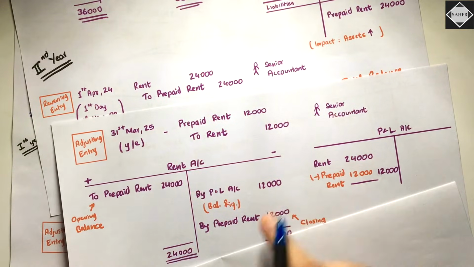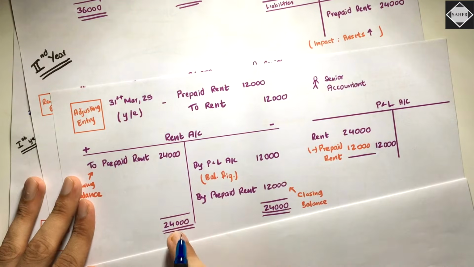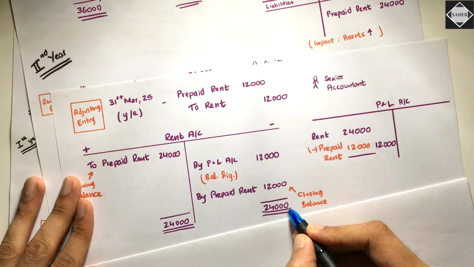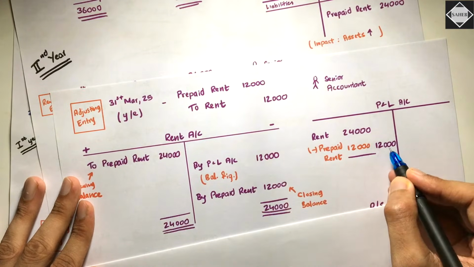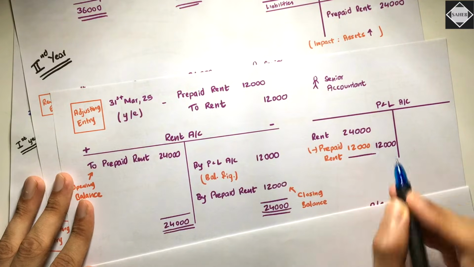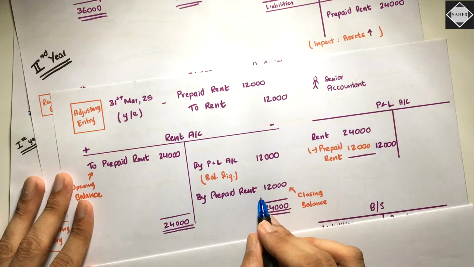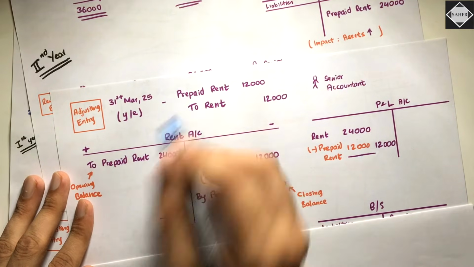So 24,000 on the debit side, which is bigger, and 24,000 on both sides. 24,000 minus 12,000 is equal to 12,000. This much should hit profit and loss. And this 12,000 has come over here, and this is the closing balance of prepaid rent. Closing balance is caused because of the adjusting entry.